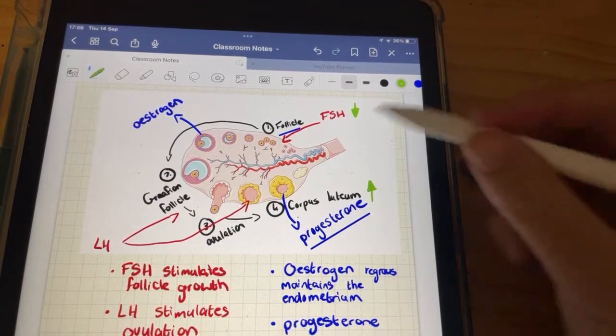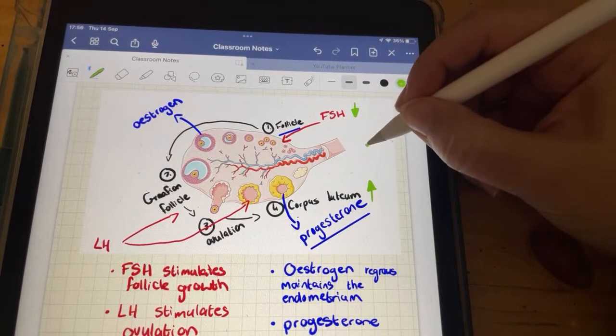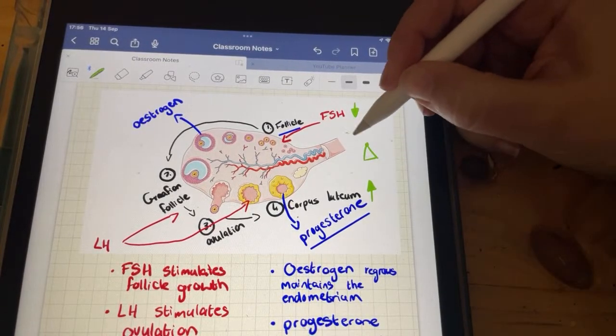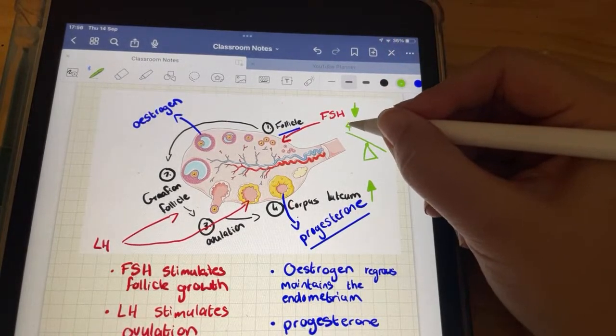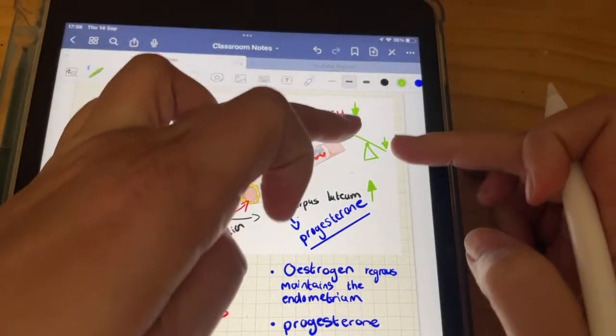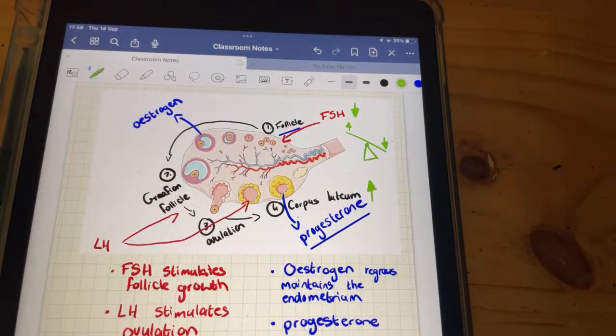All right. So they have negative feedback. And remember, negative feedback is like a seesaw. The seesaw represents how when one hormone is high, the other one is low. And they seesaw backwards and forwards.